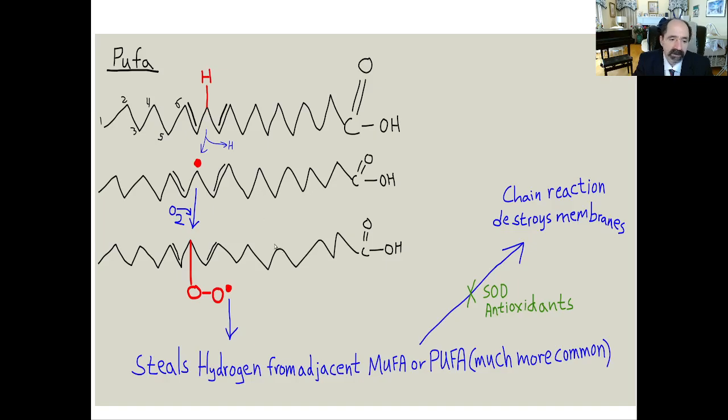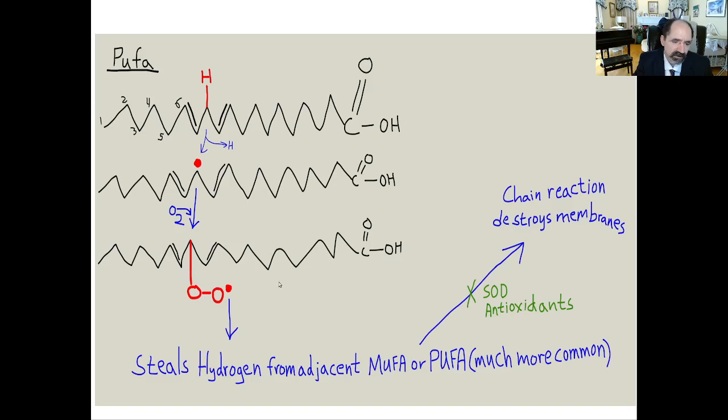And then this will also be a free radical, and it can react with other adjacent fatty acid tails and damage them and distort their shape. And this can be an entire chain reaction damaging multiple fatty acids within the phospholipid bilayer of a mitochondria, for example. And that chain reaction, it'll destroy plasma membranes. Again, this is lipid peroxidation.